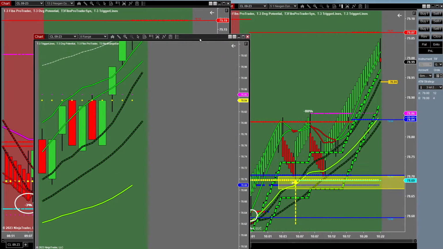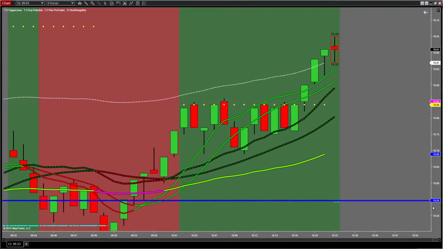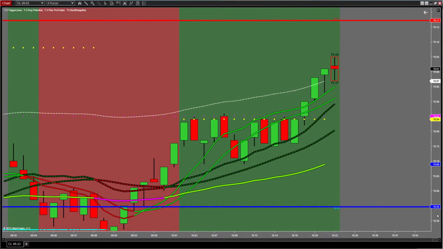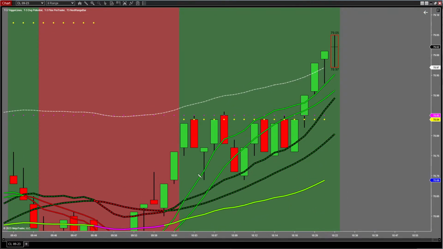All right, I'm going to go back to this crazy range chart, okay? And again, we're just going to look at trigger lines, not market flow or anything else. I want you guys to answer the question, did anything change when we looked at this area as far as the trigger lines go? This is the key to using the market flow, guys.